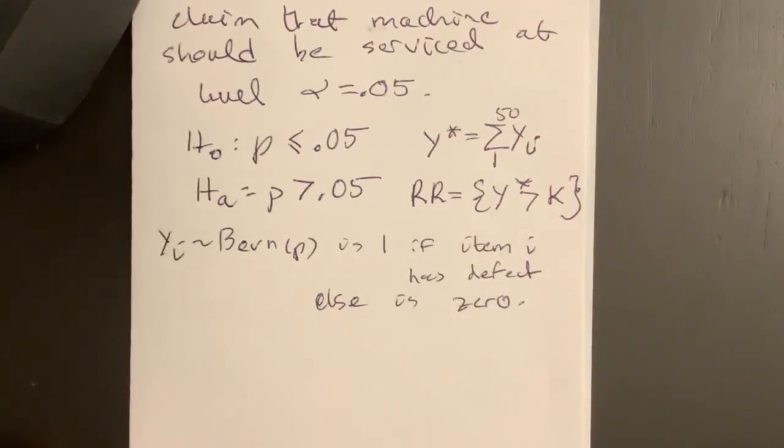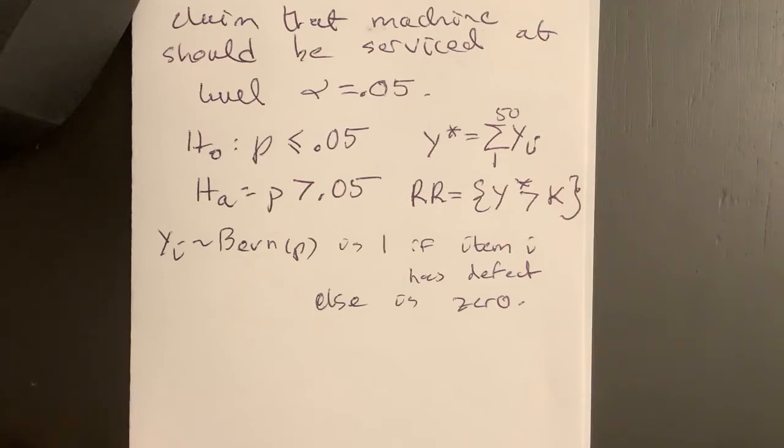Now, you could pick k to be 0, which would imply that you would reject if there was even 1 defect. So k could be 0, 0.5, 1, 1.5, etc. What do we pick for k?